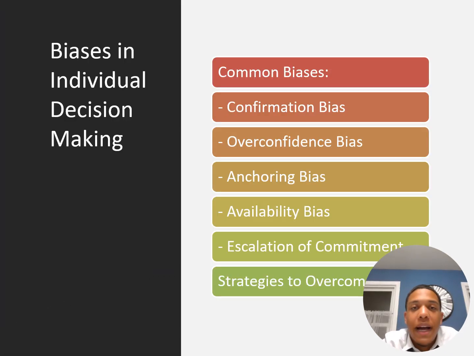So here are biases in individual decision making. Common biases are confirmation bias, which is just favoring information that confirms preconceptions, right? Overconfidence bias is overestimating one's abilities, and anchoring bias, right?